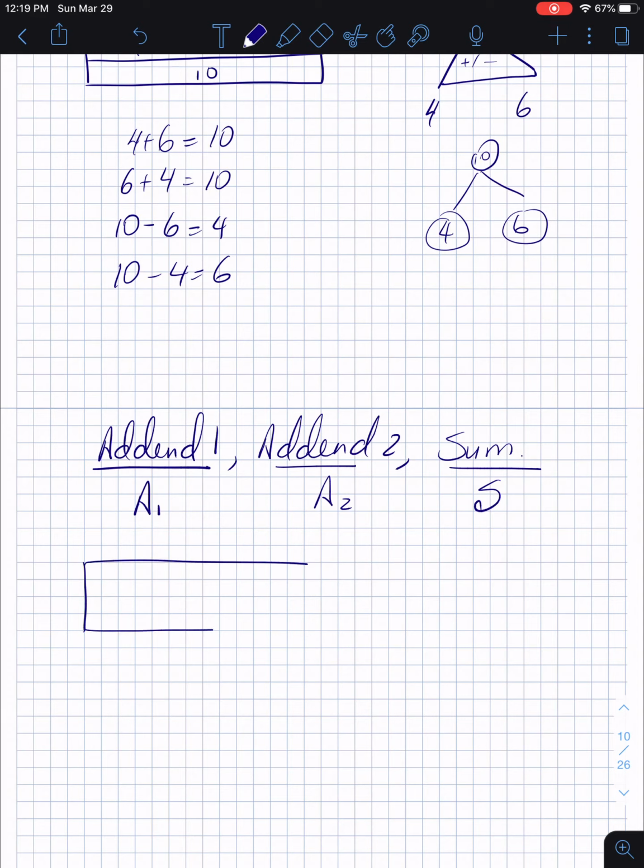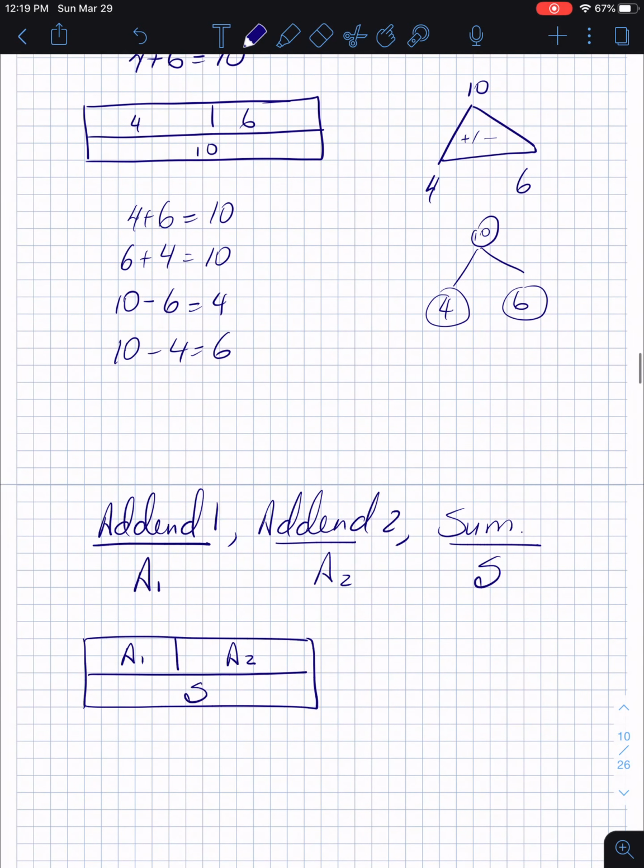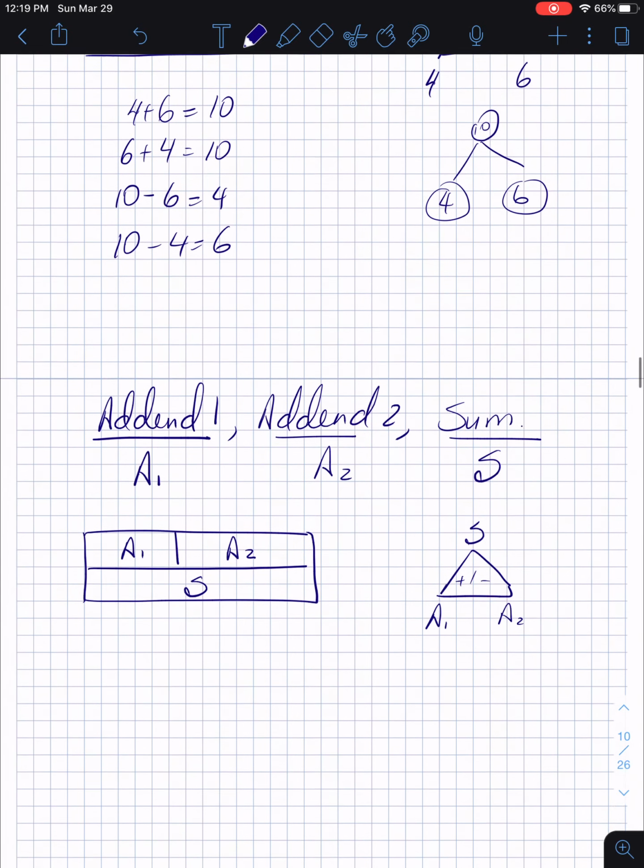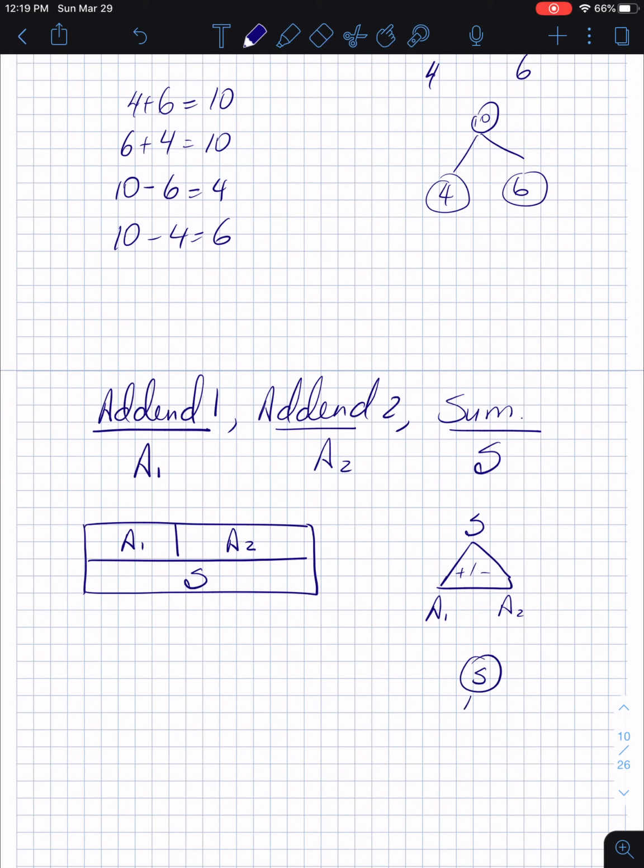So if we were to draw a fact strip diagram, then we can say addend 1, addend 2, and sum. If we were to do a fact family triangle, the sum would be on top, addend 1, addend 2. And if we were to do a number bond, addend 2.